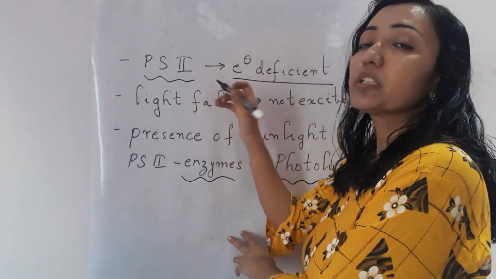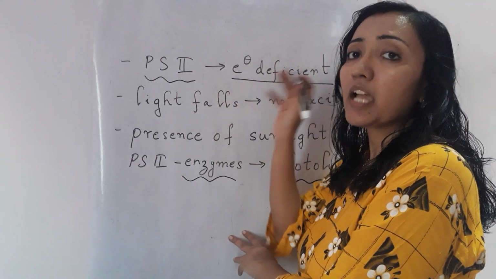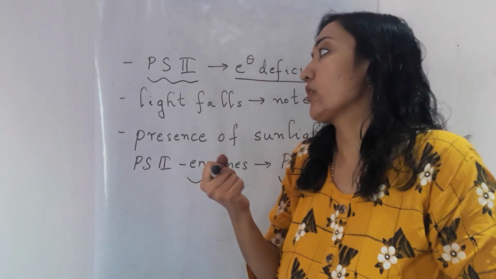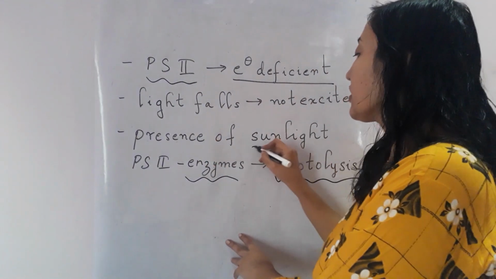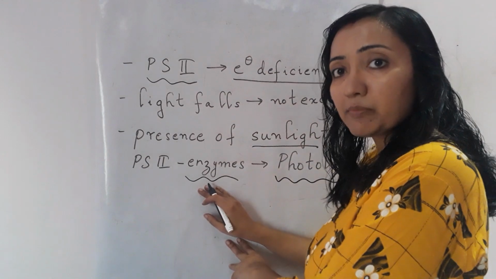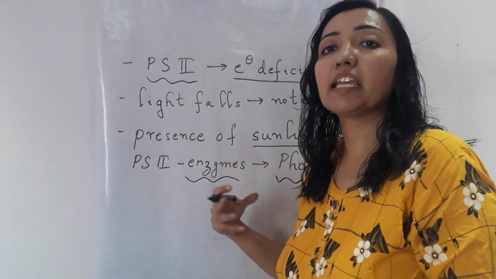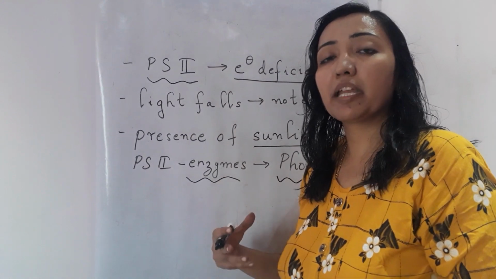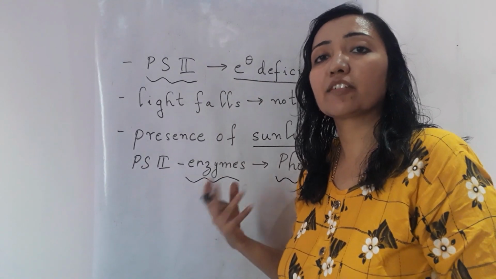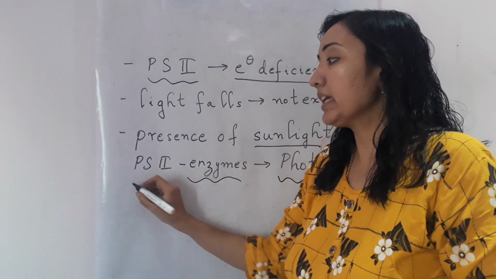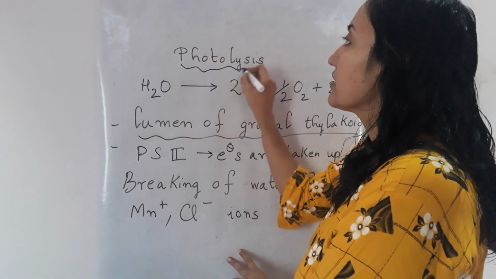Now PS2 has no electron, it is electron deficient. However light falls, PS2 will not excite an electron. What will happen in the presence of sunlight? PS2 has enzymes which carry out photolysis. Photolysis is the breaking of water, and water will break and give oxygen, electrons and protons, and these electrons will be taken by PS2.